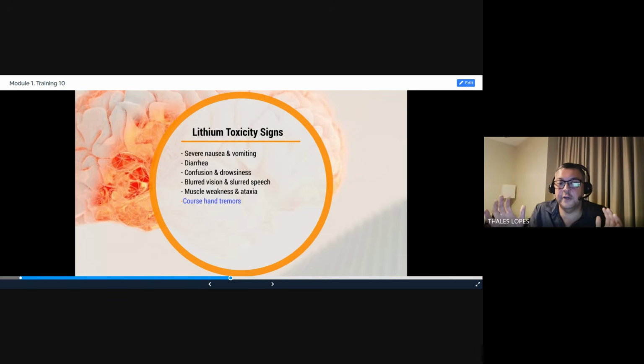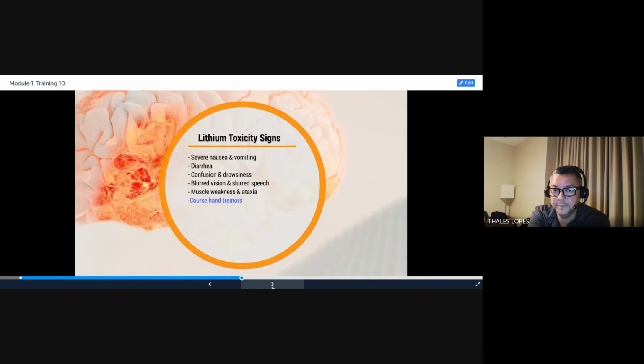If it's severe nausea and vomiting, then you're thinking about that drug is causing a toxicity. So exaggerated severe symptoms are likely to cue you in for toxicity level. It could cause drowsiness, confusion, blurry vision, blurred speech. Hand tremors is a sign of toxicity level.